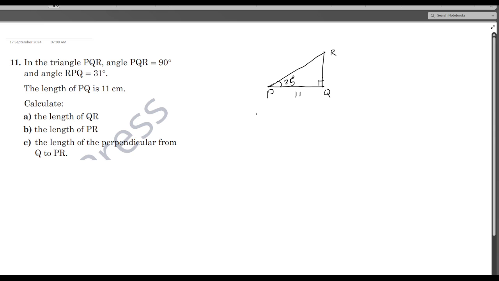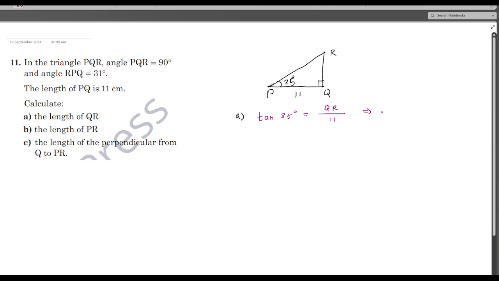So here, for question A, sine 35 degrees. No, not sine 35, it is tan 35 degrees. Tan 35 degrees is equal to the opposite side, which is QR, divided by the adjacent side, which is 11.